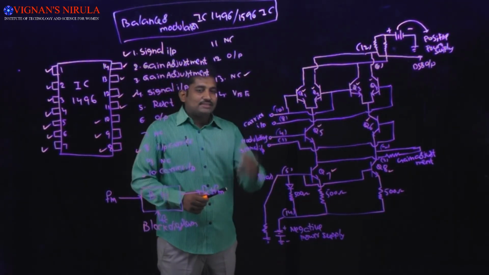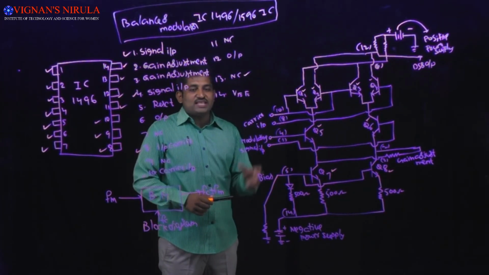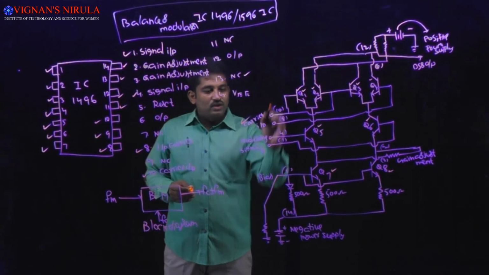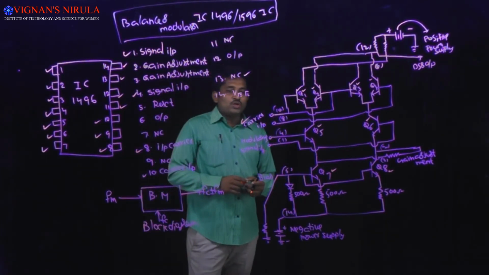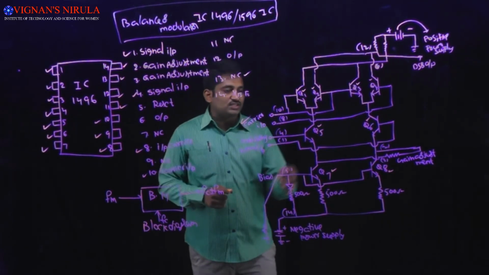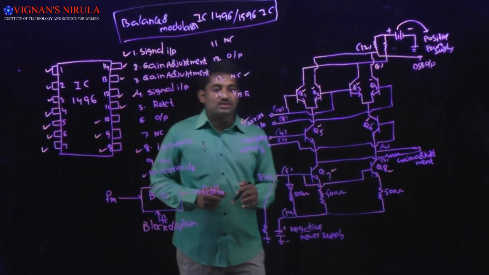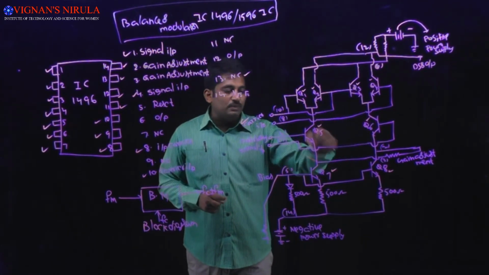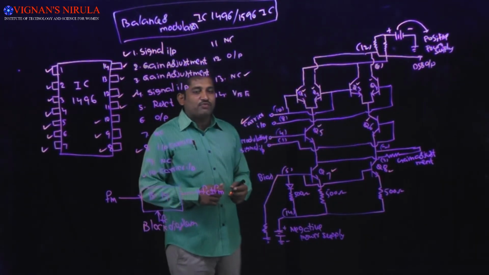The carrier signal is applied in phase as a biasing signal of the differential amplifier. And the modulating signals are applied to the bases of the transistors Q5 and Q6. These two transistors are in the current paths to the differential amplifier.